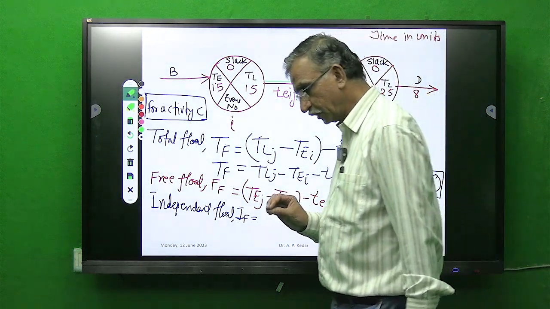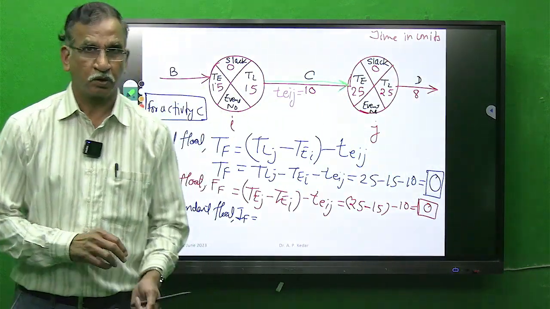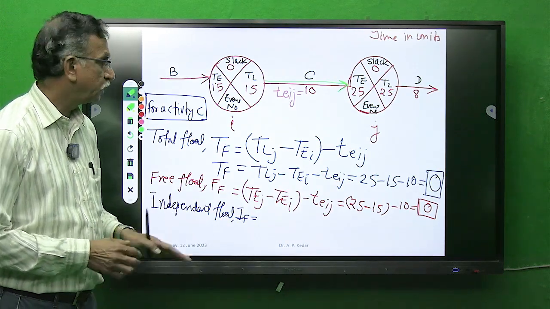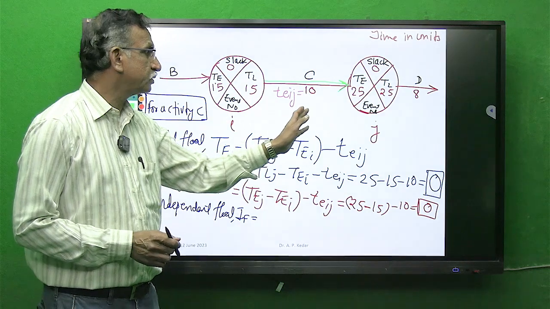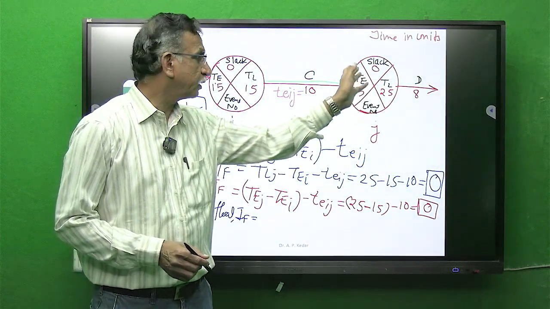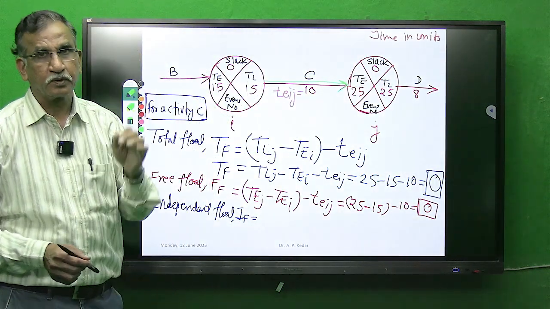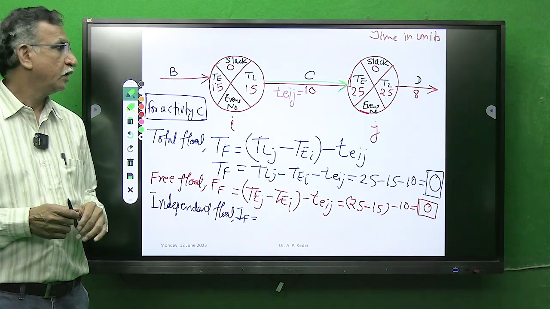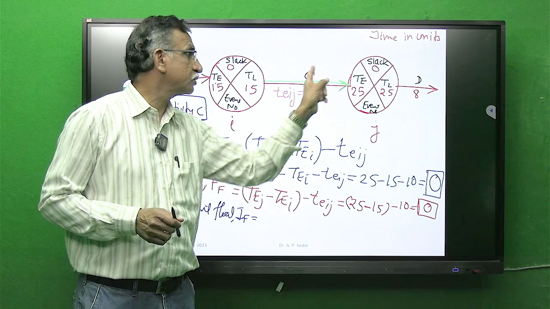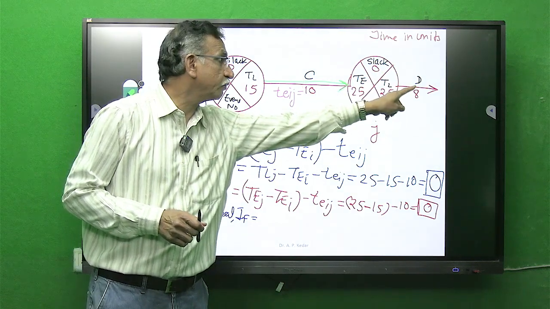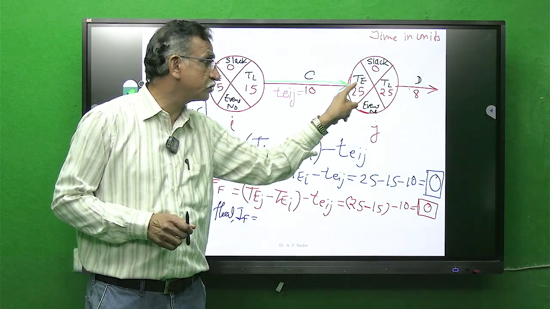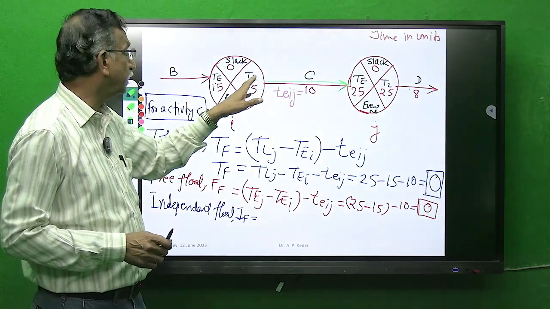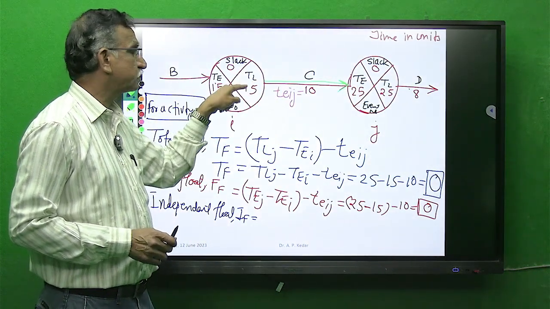Now for independent float, the assumption is successor activity starts at its earliest time. Successor activity starts at its earliest time means for this, successor is D, early start for D is this cell T value, and predecessor activity at its latest time.